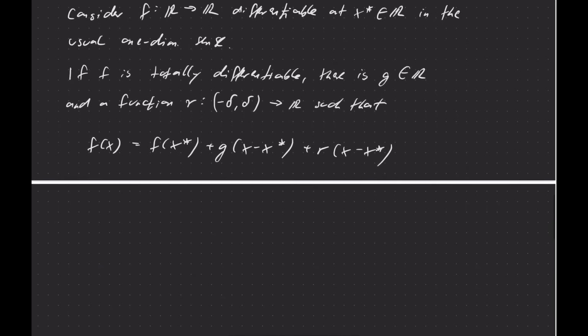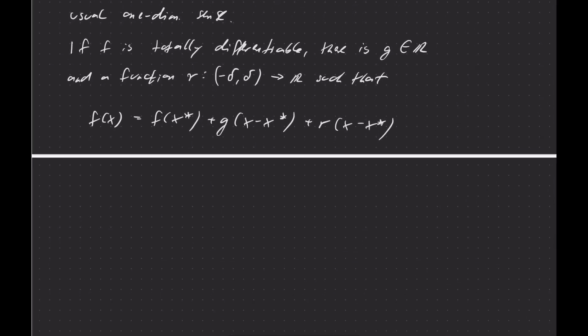Okay, and that r hopefully tends to 0 quicker than x tends to x star. And that's what we're going to investigate now. So if that is the case, then r of x minus x star needs to be equal to f of x minus f of x star minus g times x minus x star.